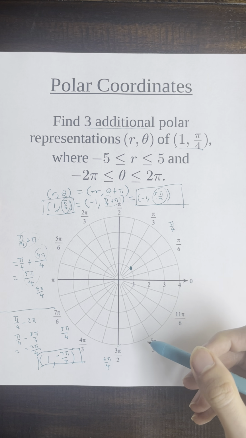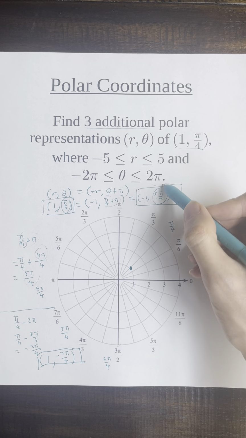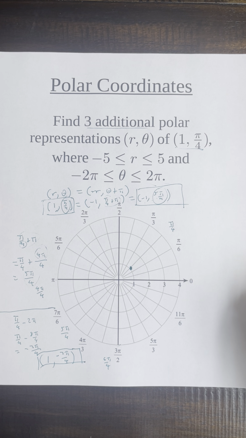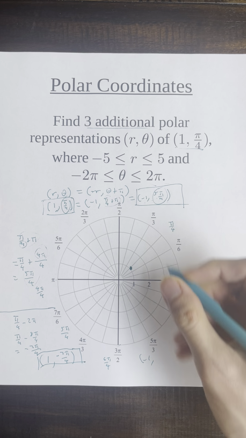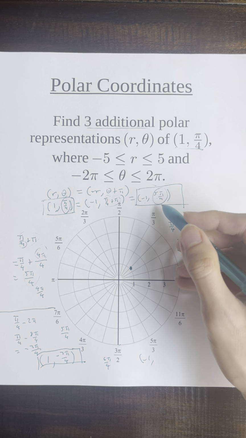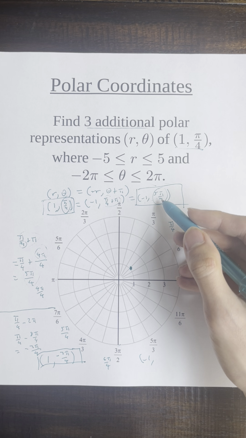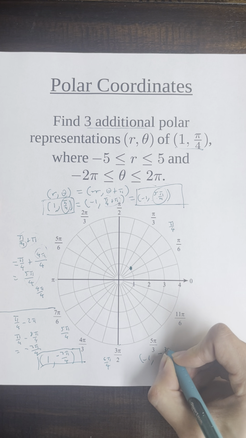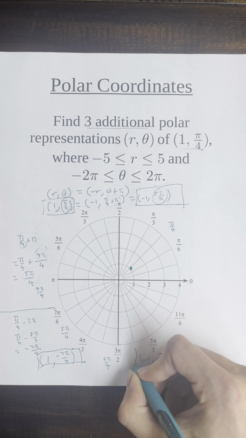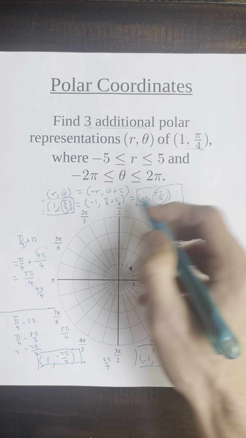Okay, and I'll give you a second to pause the video and repeat my steps with this one. Okay, what did you get? Okay, so this one minus 2 pi, that's going to be negative 3 pi over 4. Okay, so these are your answers.